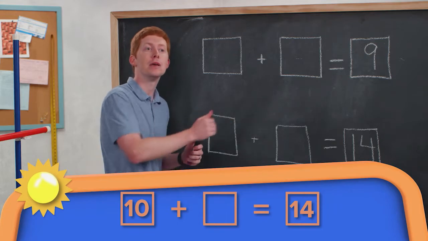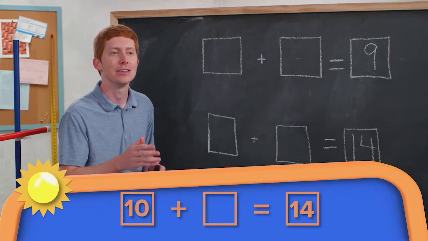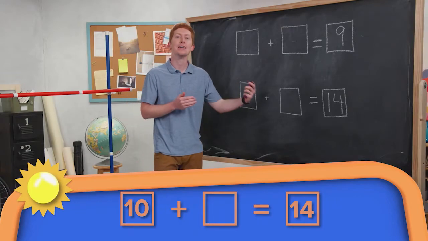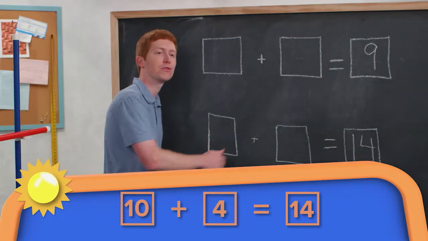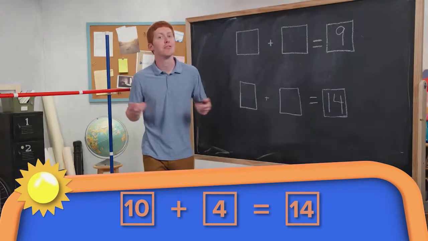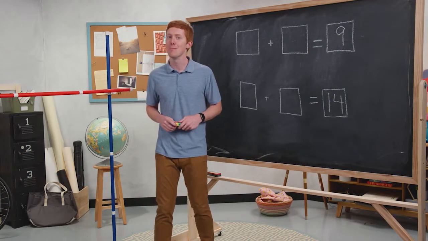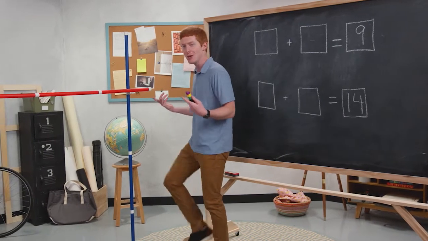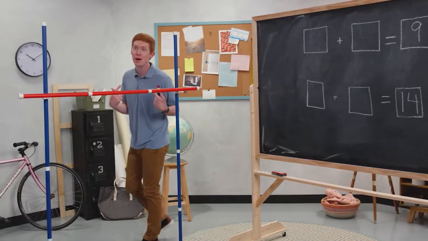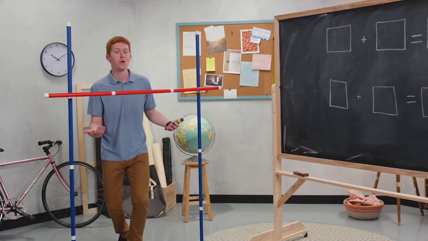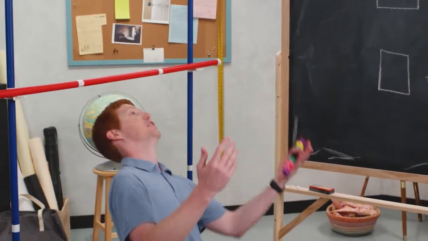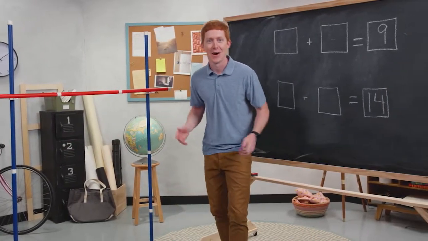Now think about how many do I have to add on to get to 14? Well, 10 and a 4, right? 10 plus 4 equals 14. I've come up with a combination. You know what that means? It's time to limbo. So I get to go through. I'm going under, limbo, limbo, limbo. I made it.